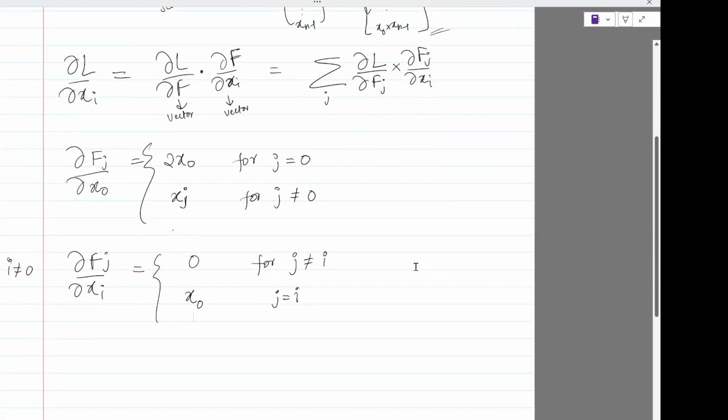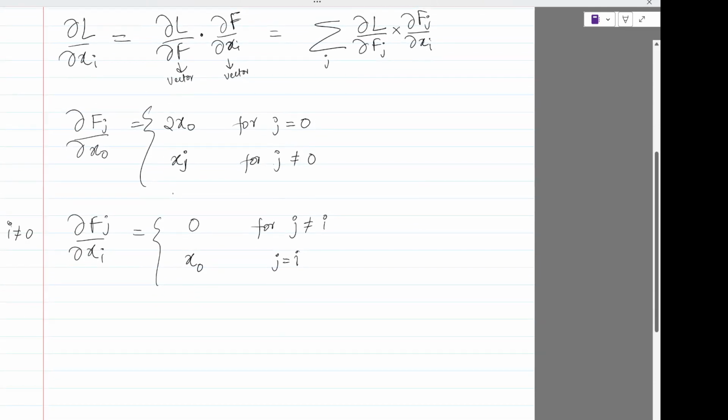So what is finally your del L by del x naught, let's say? It is del L by del f, some vector which is given to us, into del f by del x naught. Now we need to find out what this vector is.